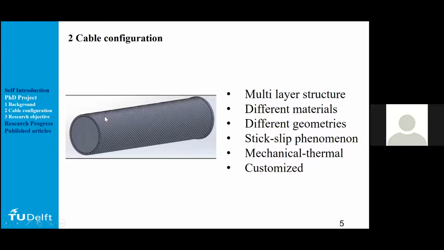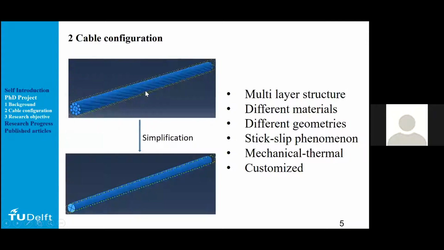So the helical wires in that case would wind around in 2 opposite directions. And as for the conductor, which is also composed of numerous helical wires, previous studies normally simplify it into a solid component in the numerical model. And this needs more research.